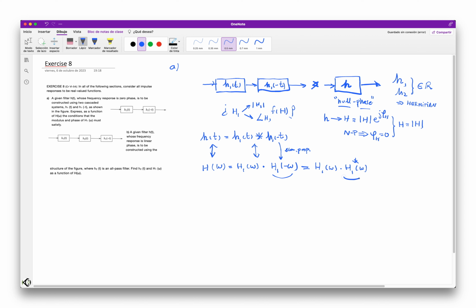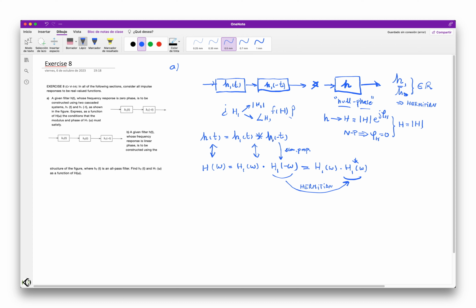So because h1 is real, we can write this thing like that, Hermitian. And again, we can do that because h1, well, there is no such thing as h2, but h1 is real. If it were not real, we couldn't write this.